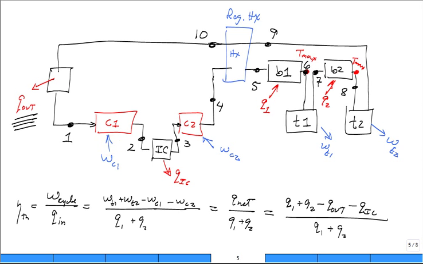What are they related to for a change in enthalpy? This is H2 minus H1. This is H2 minus H3. This is H4 minus H3. This is H6 minus H5, something like that.